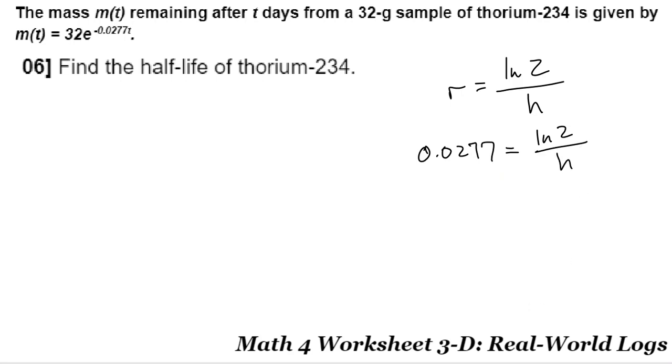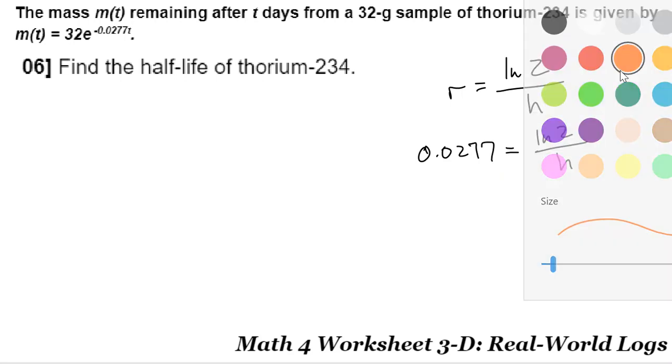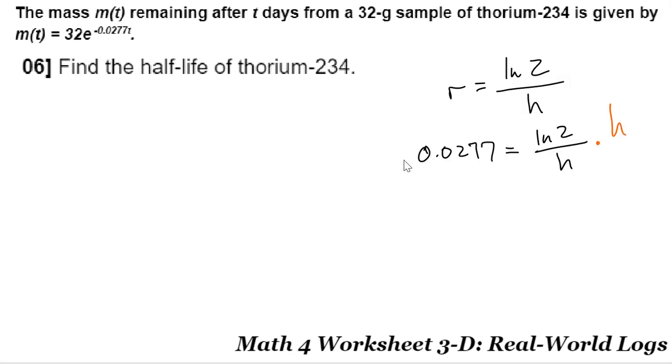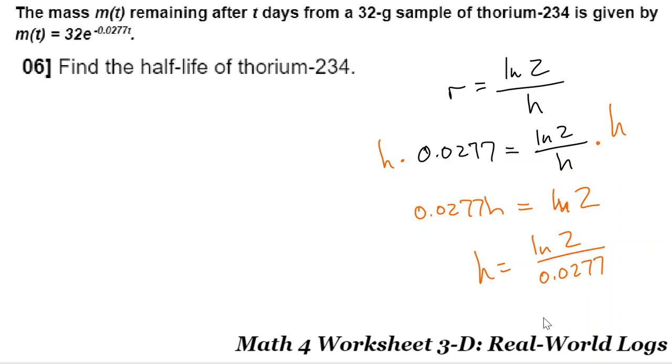Now, that basically means we're going to multiply both sides by H. And then we're going to divide both sides by that 0.0277. And that should tell us what our half-life is.